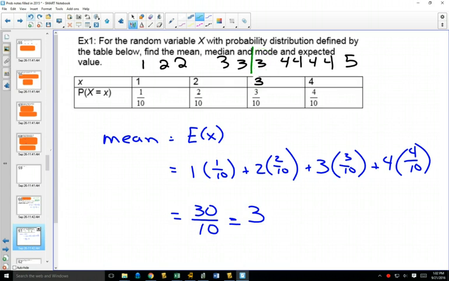Since there was an even number, and I take away those, the median will be whatever the average of those two numbers are. They're both 3s. So in this case, our median will be 3. That's how you can find a median if you have an actual list of data.